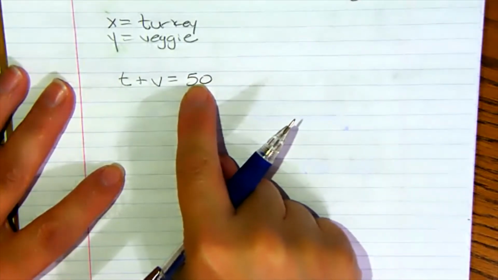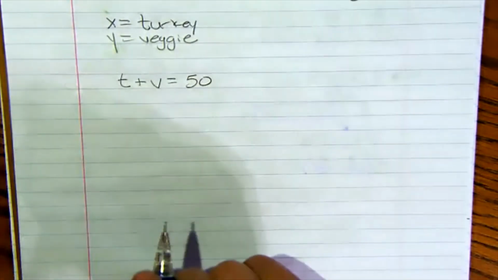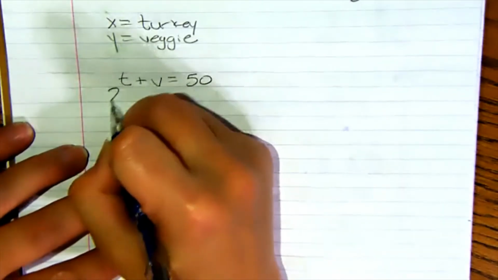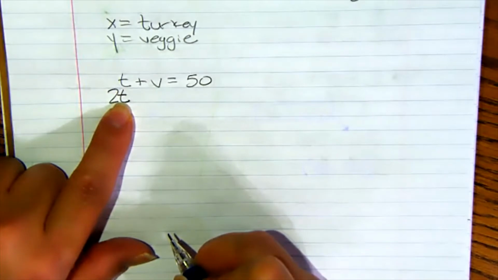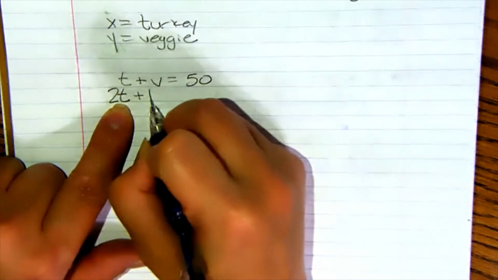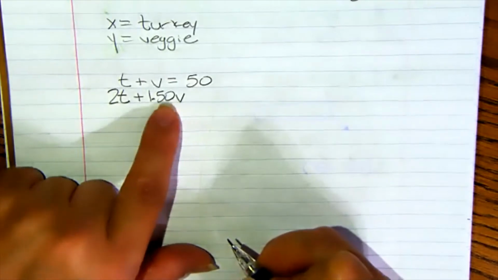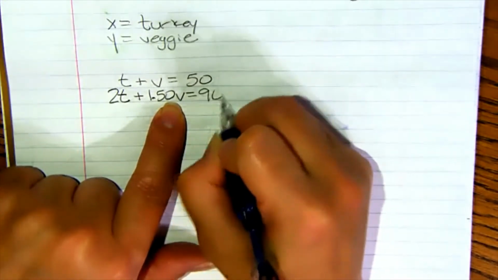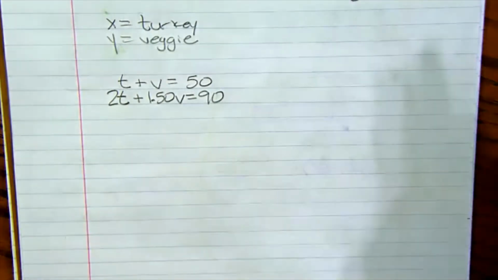We sold 50 turkey and veggie burgers, okay? Then they're also telling me it's $2 per turkey burger, which means multiplication, plus $1.50 per veggie burger, that's multiplication, equals $90 worth of burgers sold.